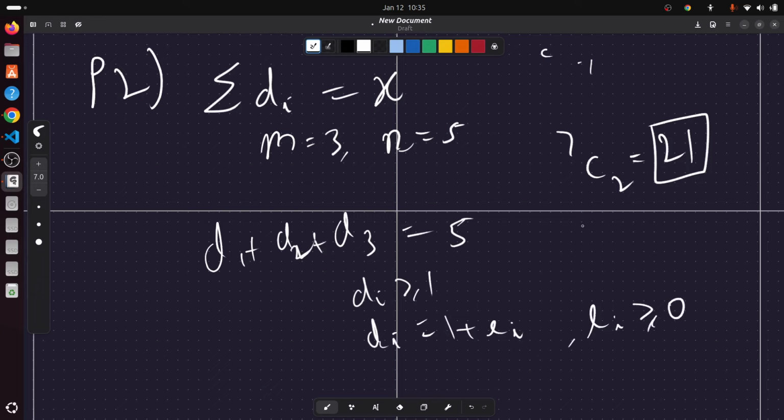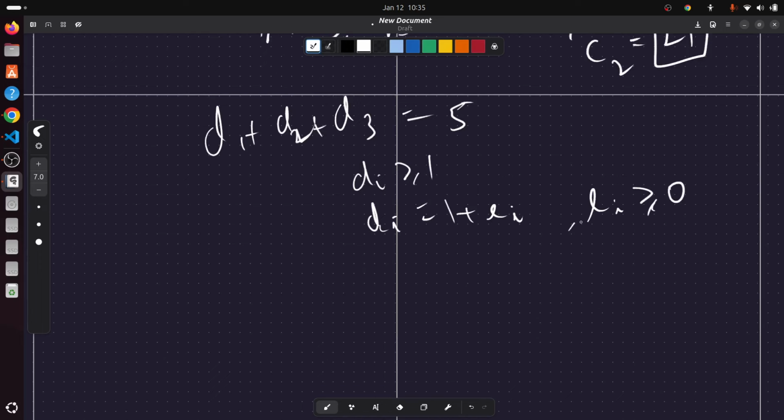So if I put this into the equation, I will get e1 plus e2 plus e3 plus 3 equal to 5. So this is equal to 2, right? And where each ei is greater than or equal to 0.